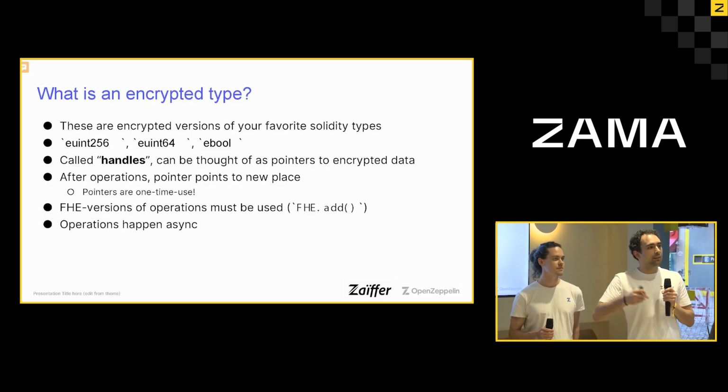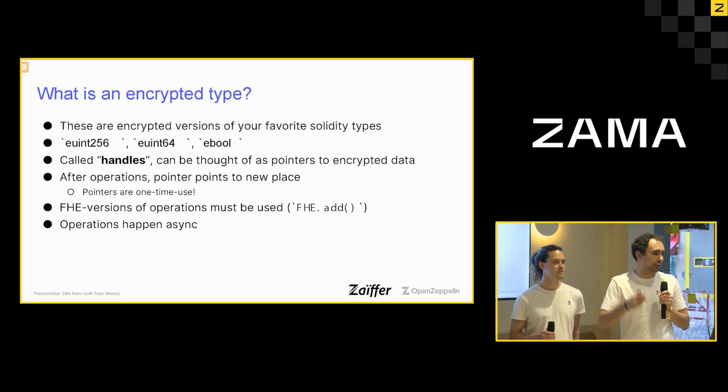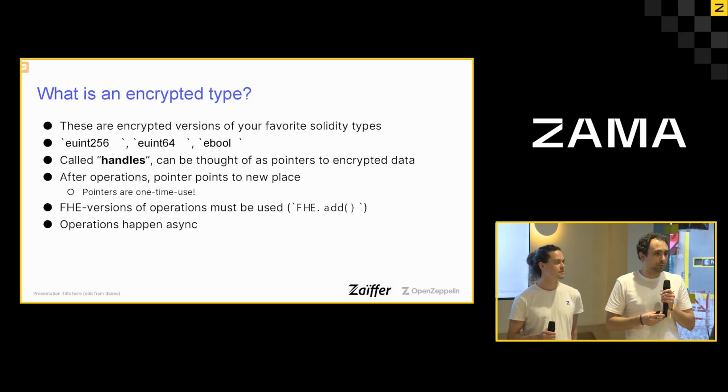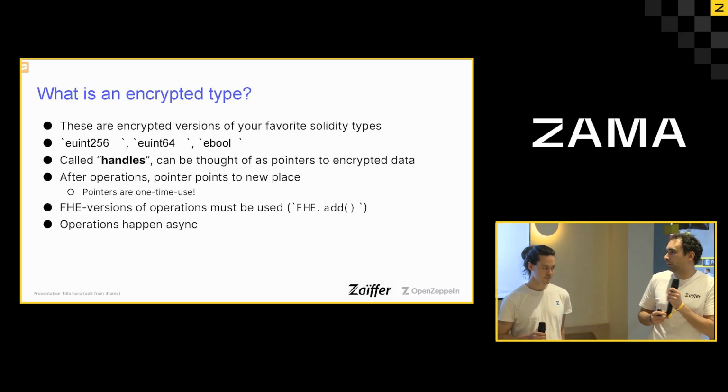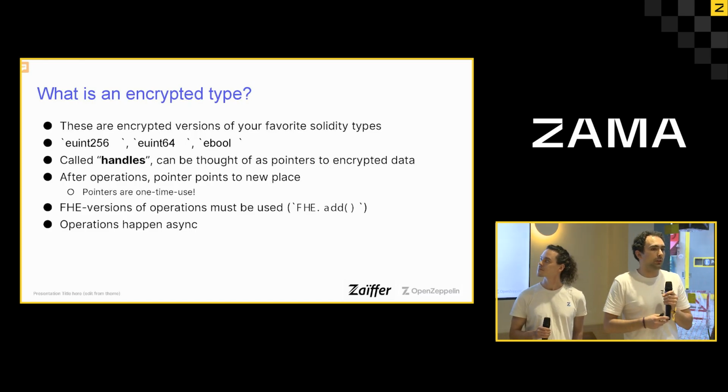You don't actually have the encrypted value of your variable on chain. What you have is some sort of pointer that points to an off-chain database with all of the encrypted values of your variables. This is very important to understand because it has a lot of implications when you develop your smart contracts.